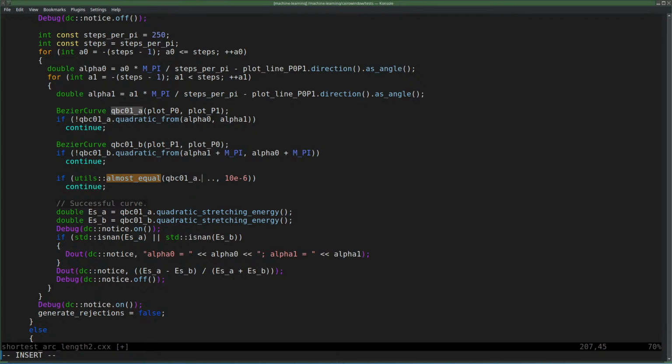And now we're talking about the velocities. So v0 direction as angle, compared with the velocity at 1, dot direction as angle.